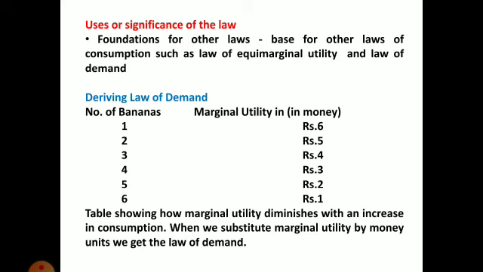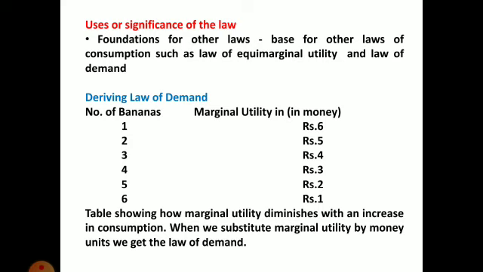Deriving the law of demand based on marginal utility. We have made two columns here: the units of the commodity, that is, the number of bananas consumed, and the marginal utility for the various units.